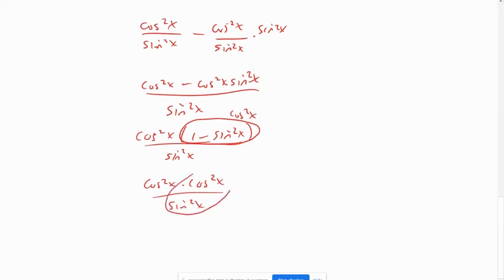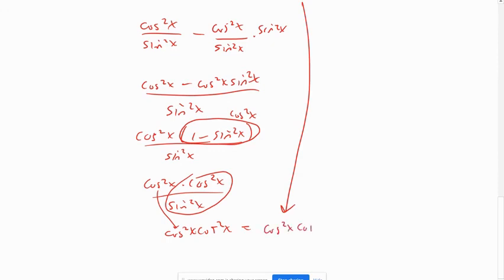And so then this is cotangent squared x. And then we just have cosine squared x times cotangent squared x. And that matches the right side, cosine squared x cotangent squared x. And so I was able to show that the left side was equal to the right side just by manipulating the left side.